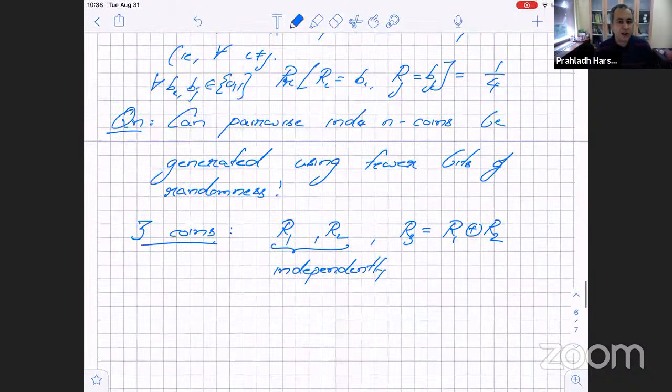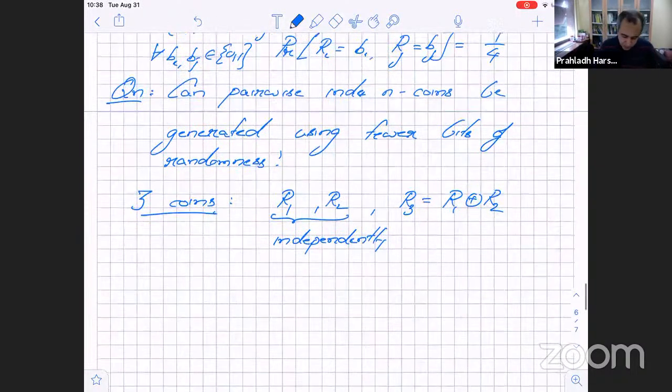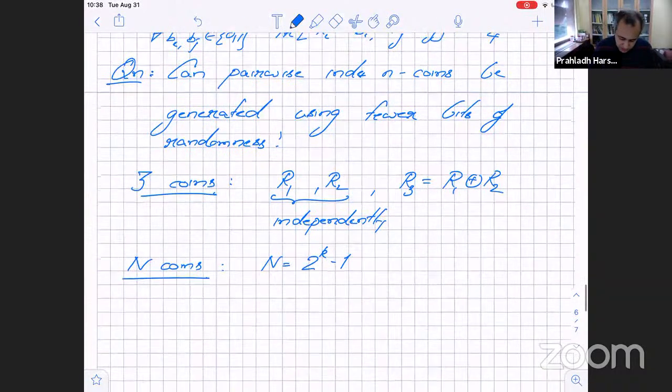Okay, and we'll just generalize this example. So if I want to pick n coins, let's think of n itself as 2^k minus 1. Let's assume that n is one less than a prime power. What we will do is pick R1, R2, ..., Rk to be fully independent random coins.